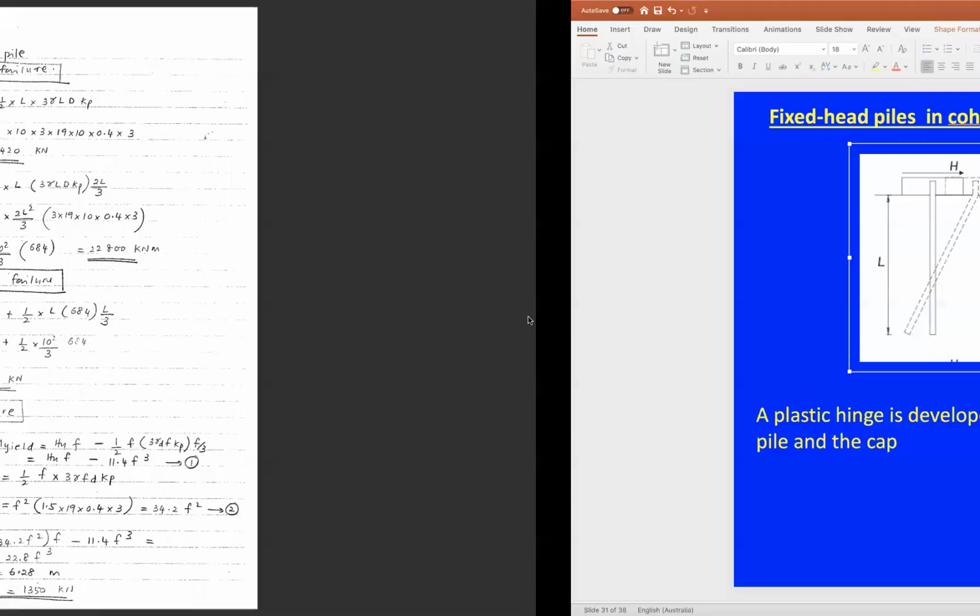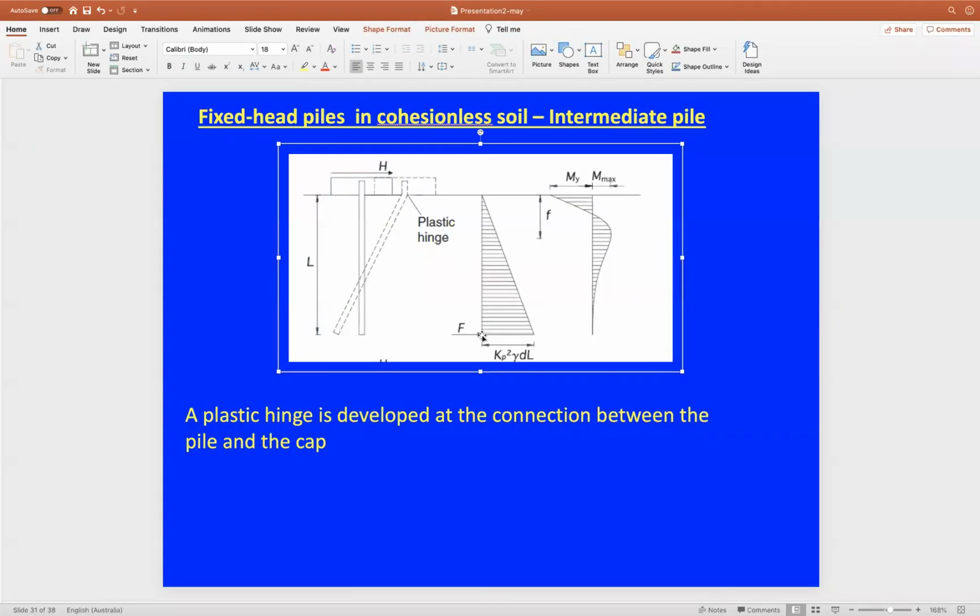If we take the moments at this point, that will cancel the value of F. So we take the sum of the horizontal forces in the system here, that will be acting at 1/3 of L, and H multiplied by L will give us the moment of H here, and that's plus the value of My, and that will give us the value of HU.